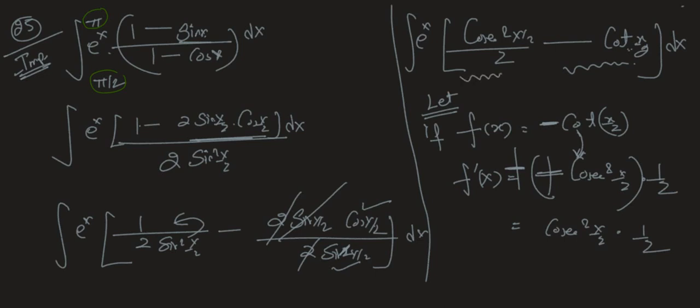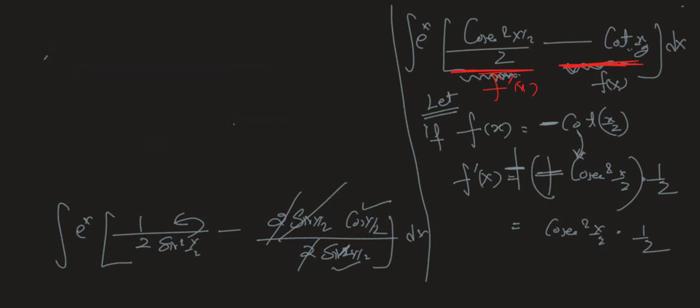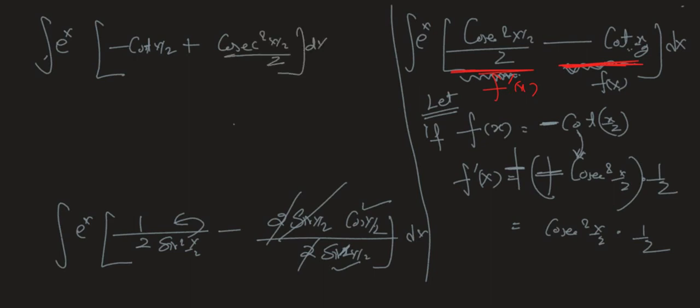Can you observe something here? If this entire thing is f of x, can you see that this is nothing but f dash x? I can write it like this: integration of e to the x into minus cot x by 2 plus cosec square x by 2 dx.